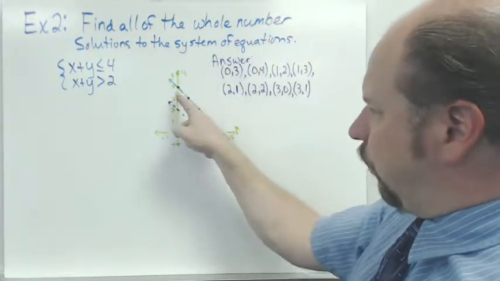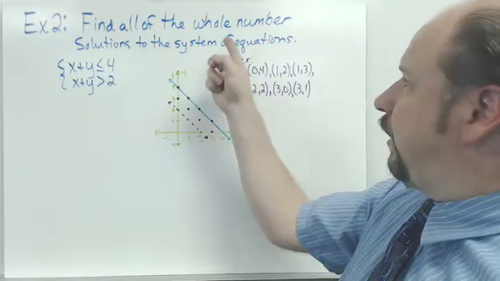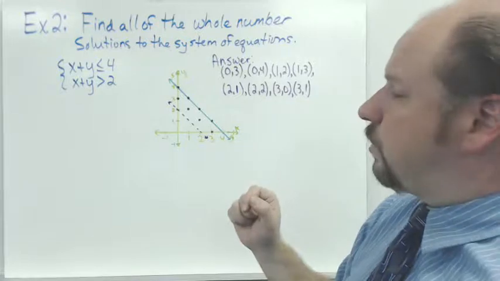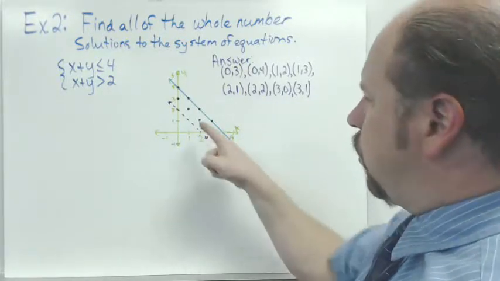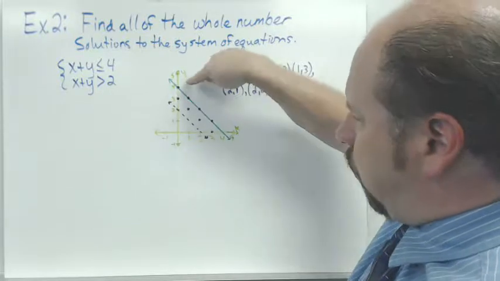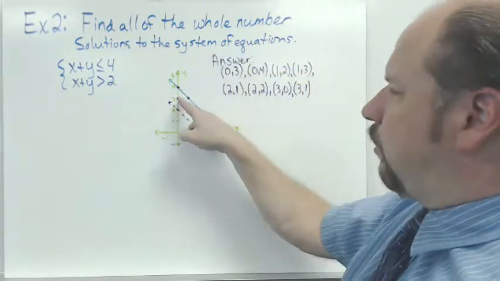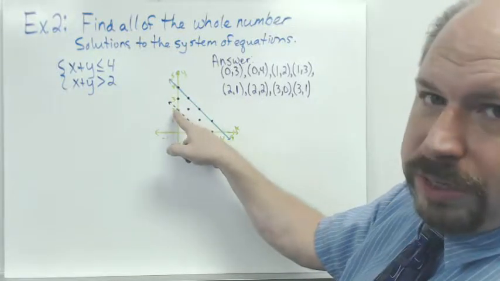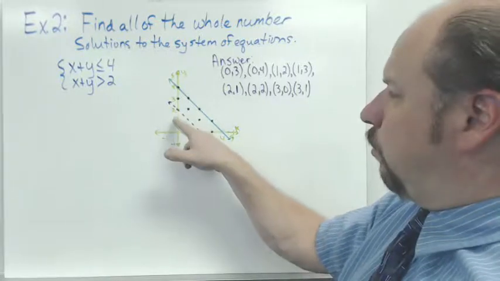So our solution region is right here, because remember, we need whole number solutions. So we need them to be bigger than or equal to 0. So this point right here, because this is a solid line, this point would work. This point would work, but this one would not work because then it would be equal, and we don't want this one to be equal.